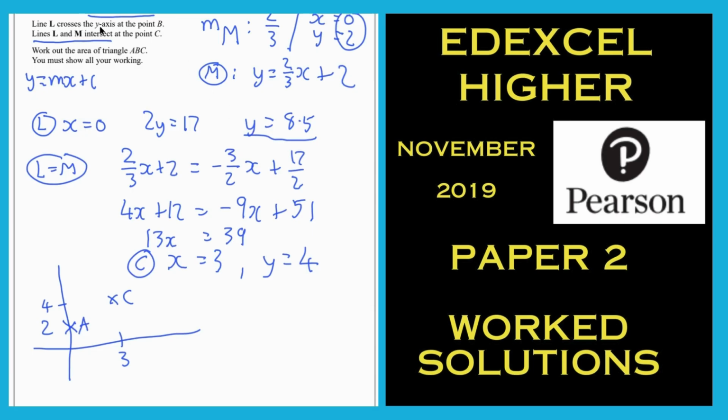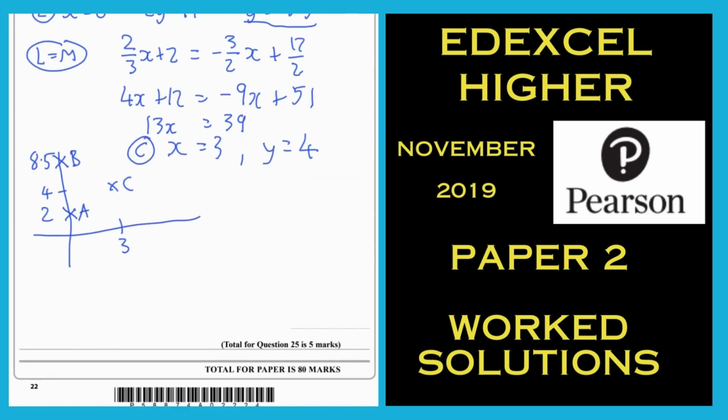If we reach back up to there, L crosses the y-axis at the point B. That's the coordinate 0, 8.5. And yep, it's now saying, what's the area of this triangle? It's easier than you think.